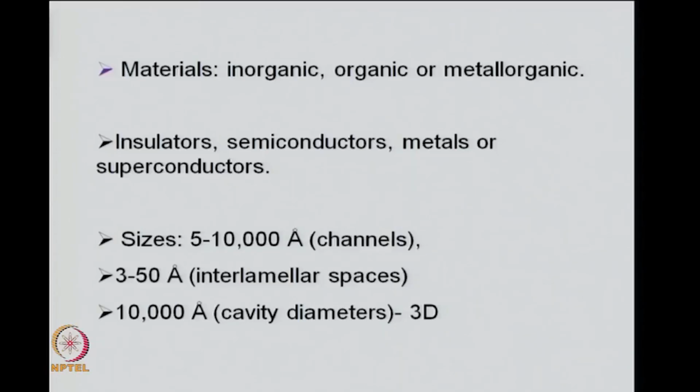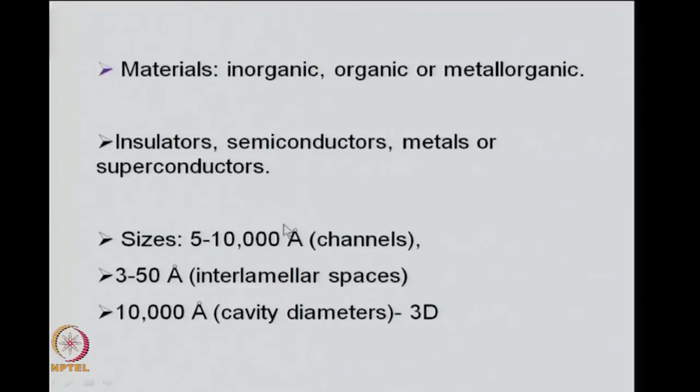Such kind of materials are called superconductors, and so you can deposit any kind of material if you choose the right conditions, the right template and the right reaction, whether it is a reduction or some other reaction. So, you can make a wide variety of materials with different properties, and the size of these can vary.